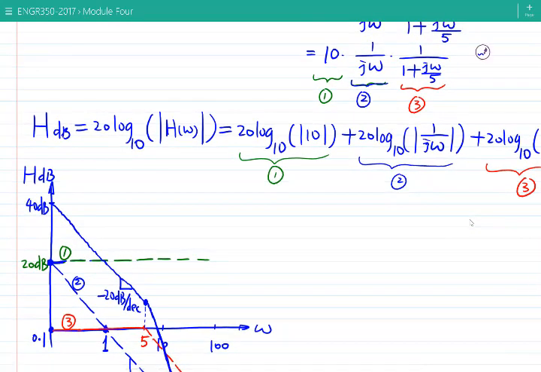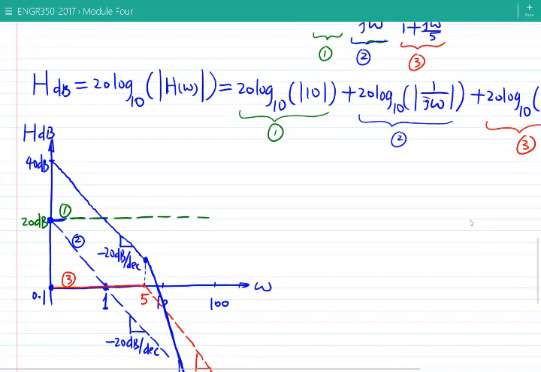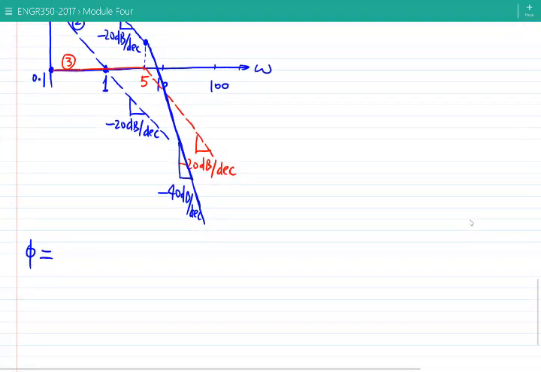For the first factor, it is 10, so the phase angle is 0. For the second factor, the phase angle is minus 90 degrees, right? Because it is 1 over j omega. So 1 over j is equal to minus j, which has minus 90 degree phase angle.